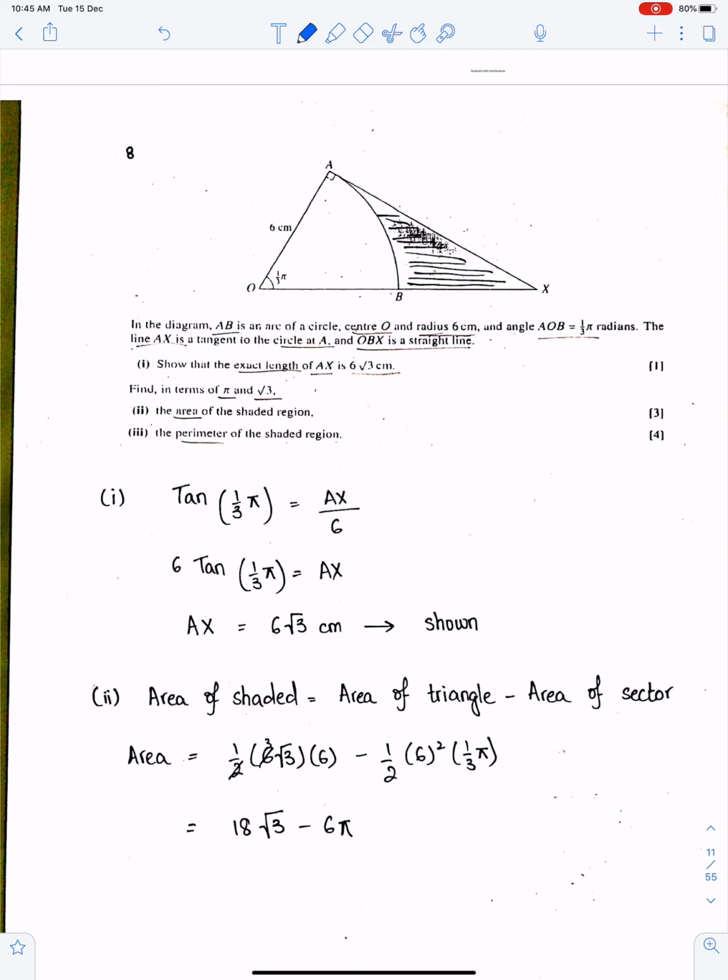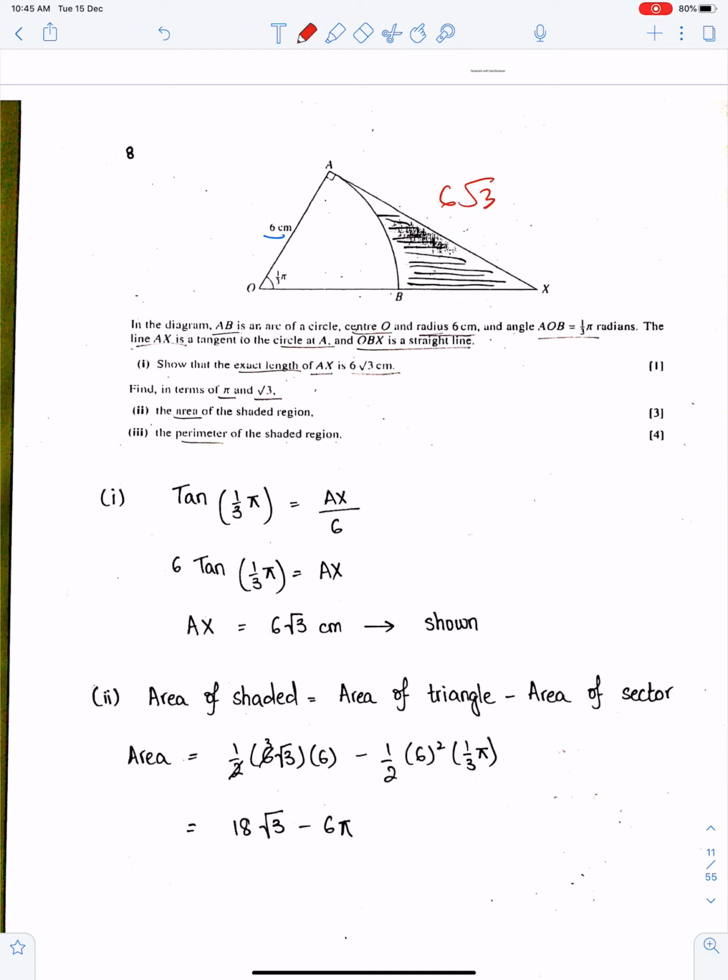Whenever we have a right angle triangle, always try to solve the triangle first and then solve the question. This is adjacent and this is the angle. We can easily get this opposite by using tan in this triangle. So the length of opposite is 6 root 3.